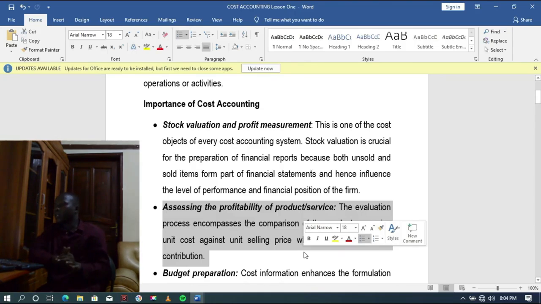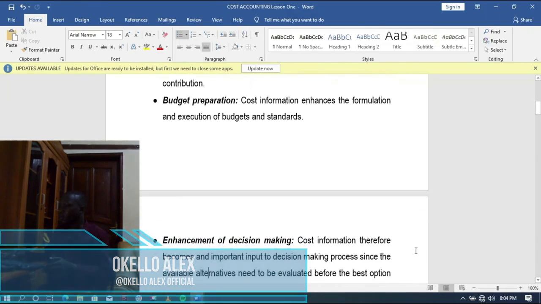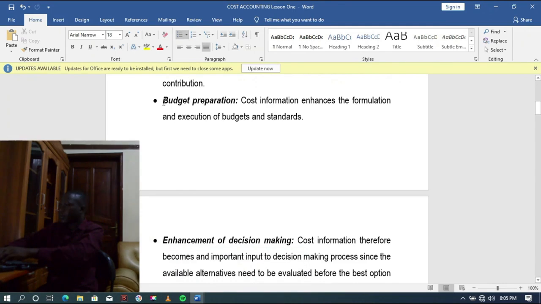or we are able to determine how much cost was incurred in producing a certain commodity and then compare with its selling price, the price at which we are currently offering the commodity, we can tell how much profit we are earning from each and every commodity that we happen to sell. So then it can also be used in budget preparation.